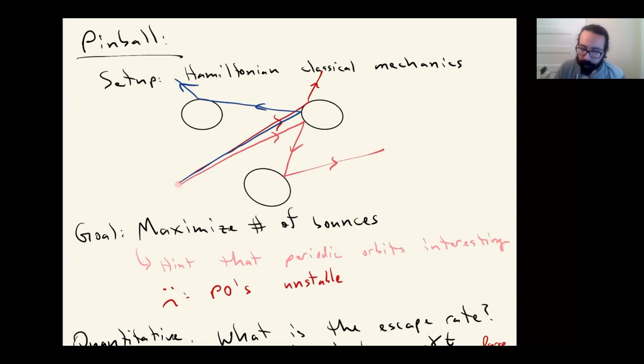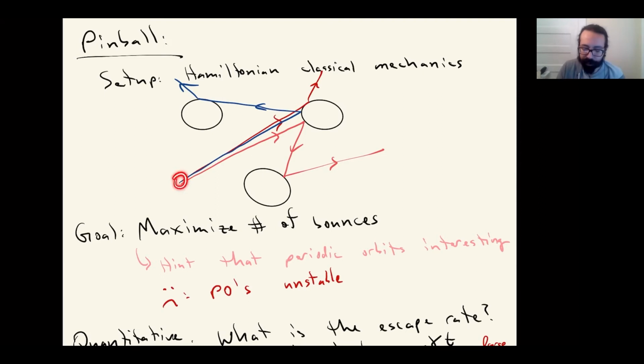So I think it's an important point also to say that physically, in any experimental setup, we never have precise control. We're never sending in exactly a single perfect trajectory.